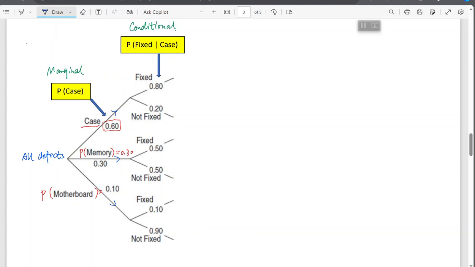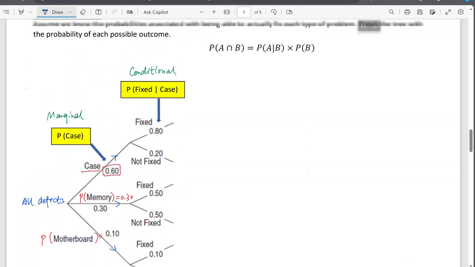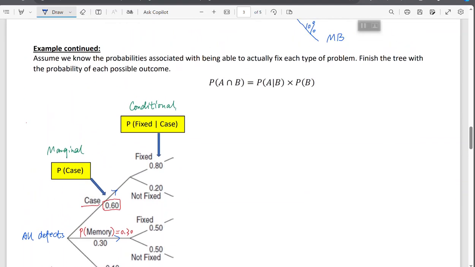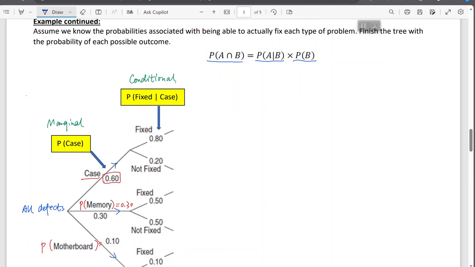So how to get that? When we talk about the general multiplication rule, we say the probability of A and B equals the probability of A given B times the probability of the condition. Now let's look at the first case here.